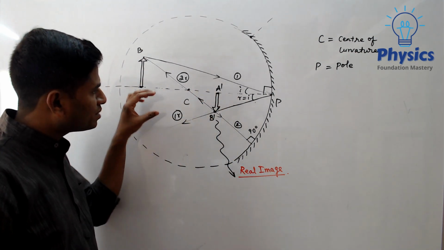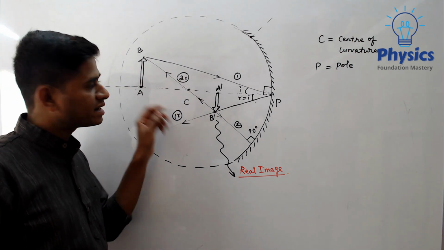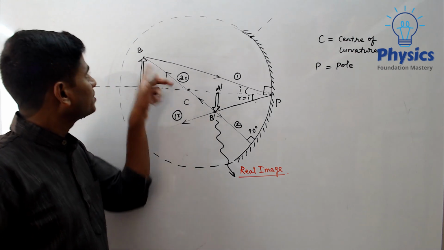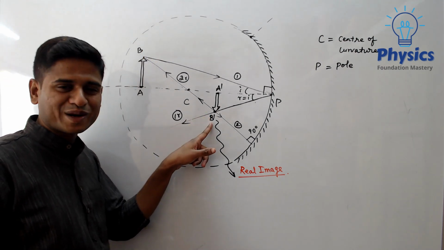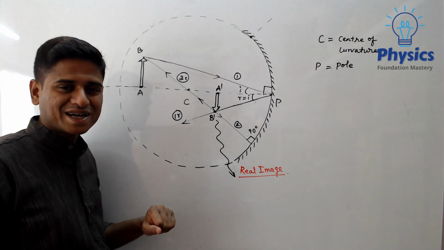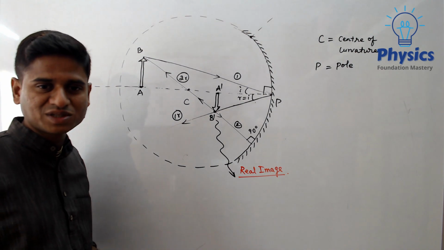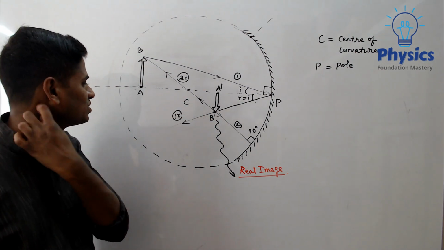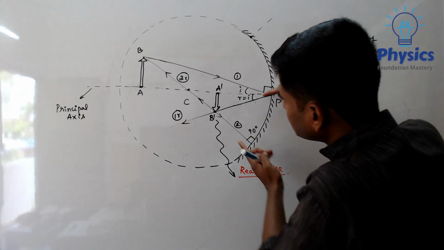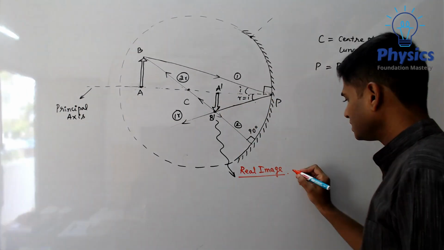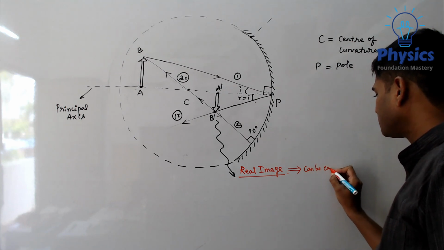When my eye receives these infinite rays, I see B at this point, so I am calling it B dash. One more very important thing is that it is also an inverted image. So this is a real image, because rays are actually meeting there, and a real image can be captured on a screen.